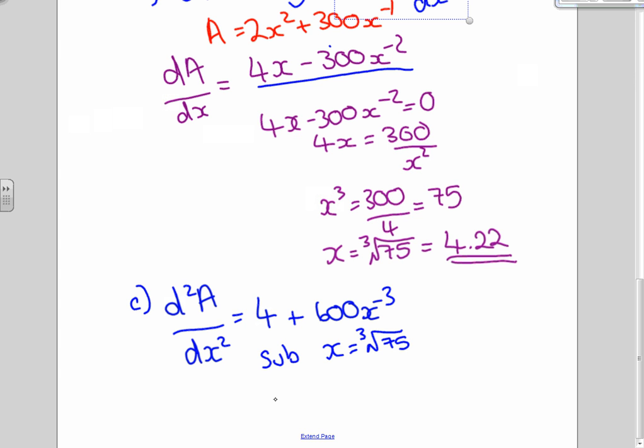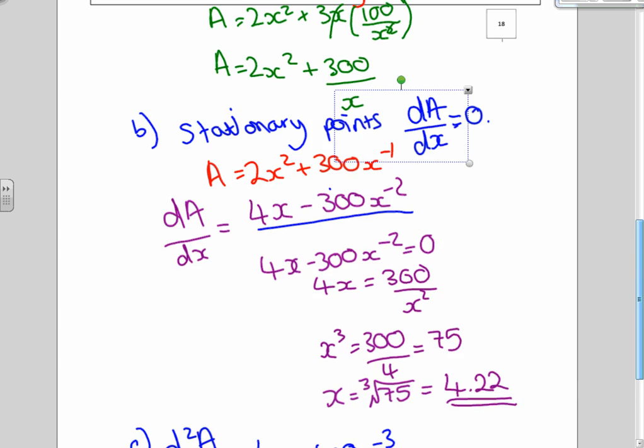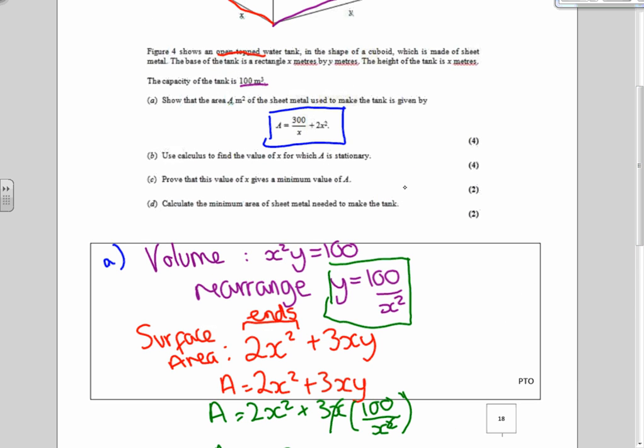So that would give me 4 plus 600 over 75, which gives me 12. So because 12 is greater than 0, we have found a minimum at x equals 4.22, or the cube root of 75. So we've done what it asked for in part C, we've proved that it's a minimum.